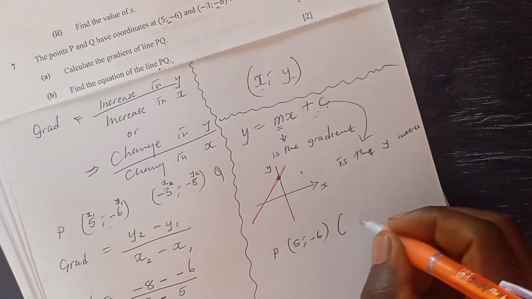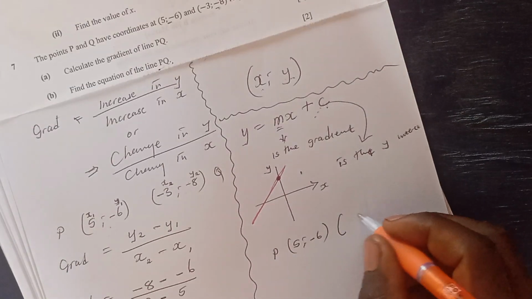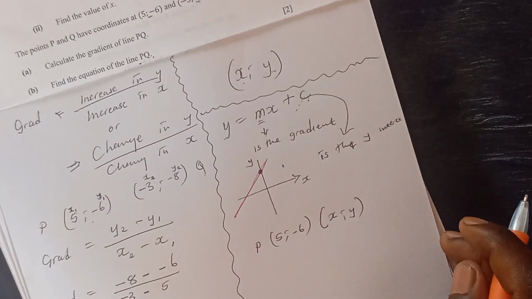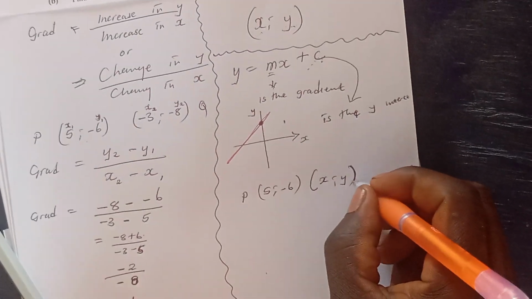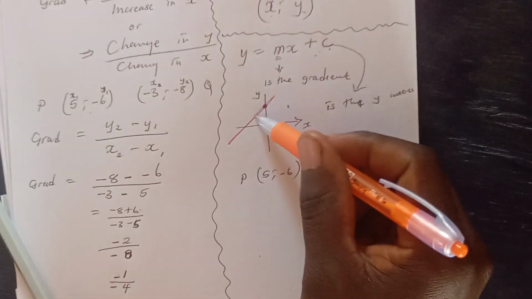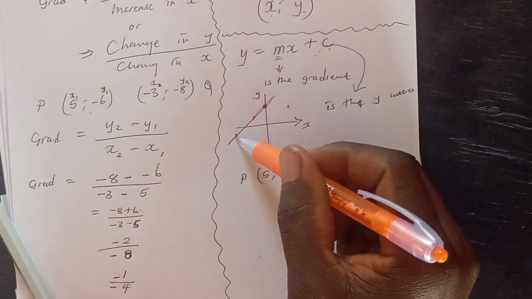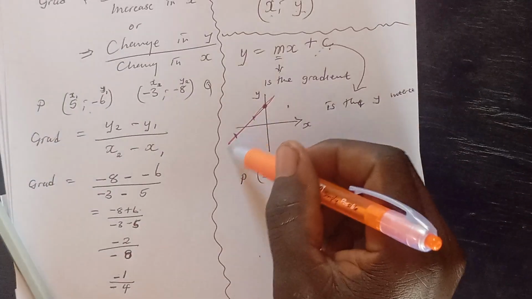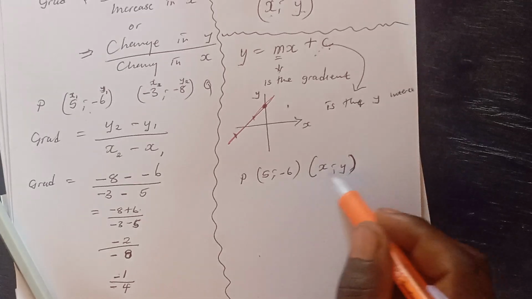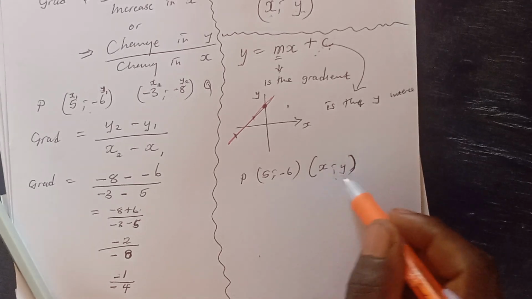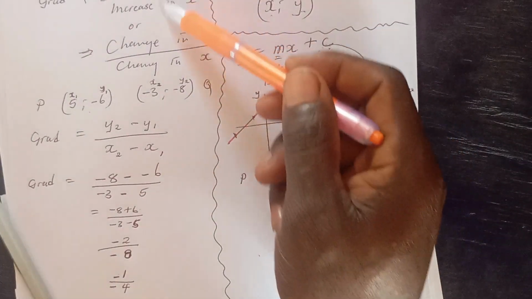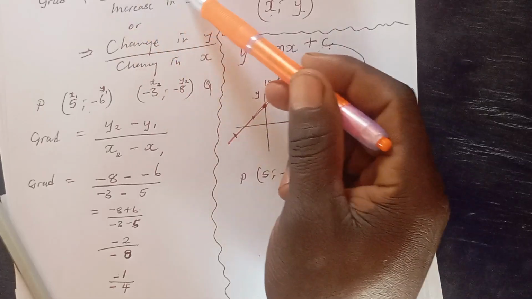So we create an imaginary coordinate, which we call x and y. Let's say this is P. We imagine that we have another coordinate along the line. So we create an imaginary point, which is x and y. We rewrite the equation for calculating gradient, which is change in y over change in x.